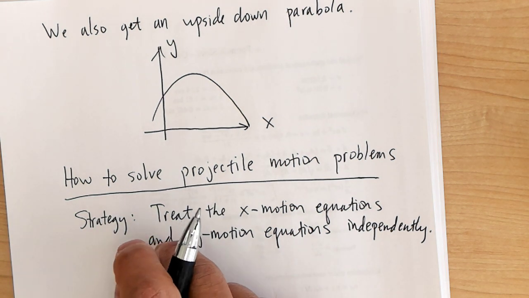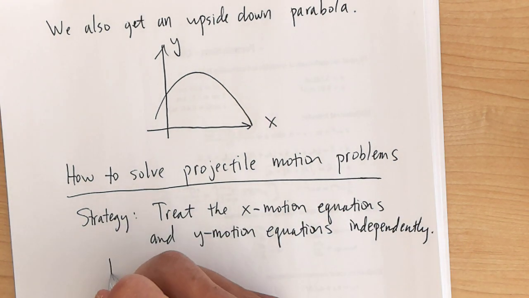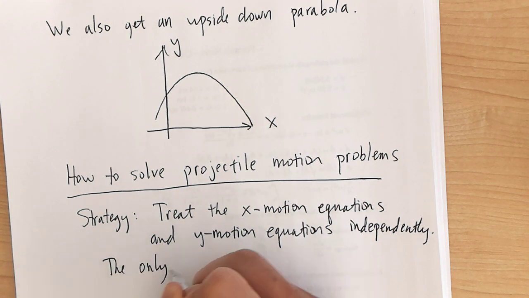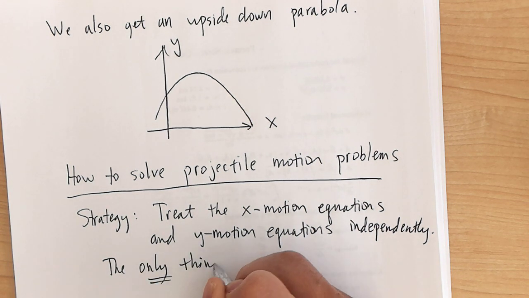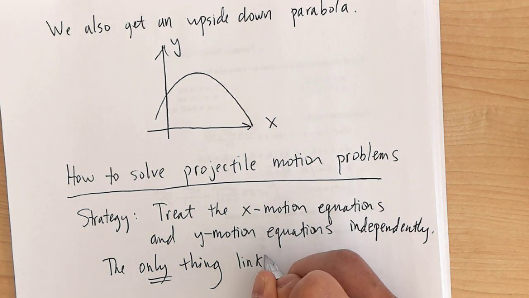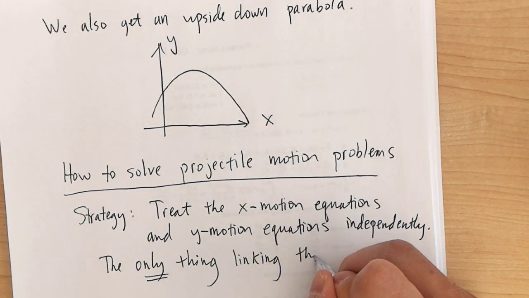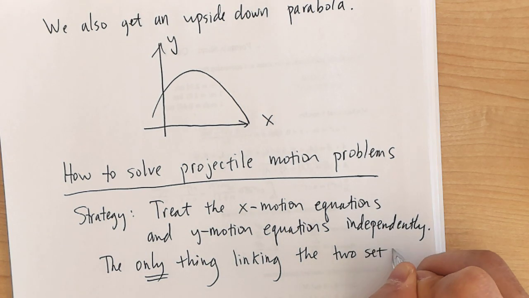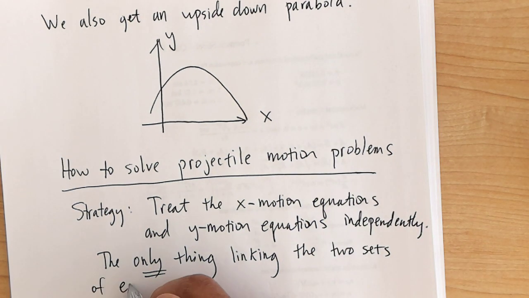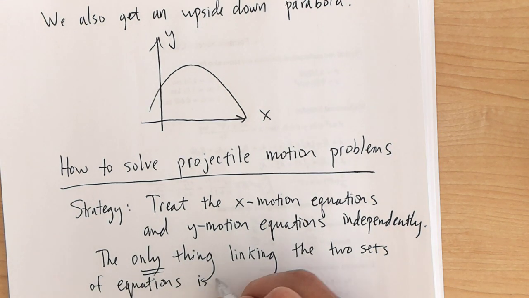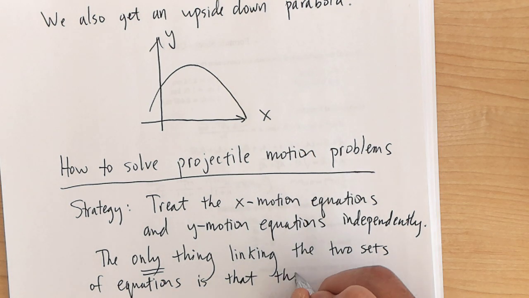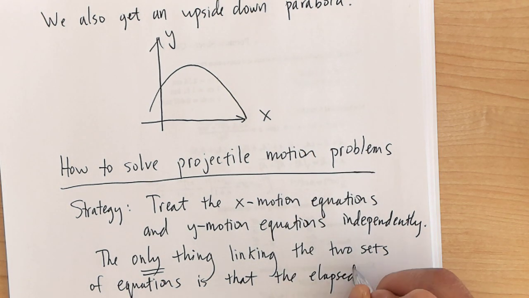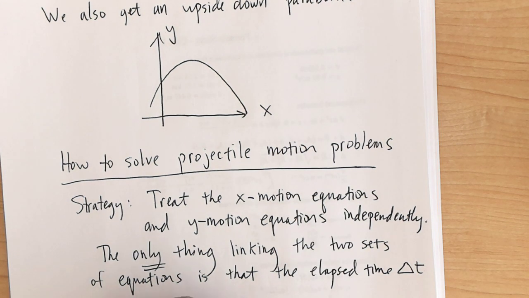Now, there's another point to this strategy that I should mention: the only thing linking the two sets of equations, meaning the x and the y equations, is that the elapsed time, delta t, is the same for both.